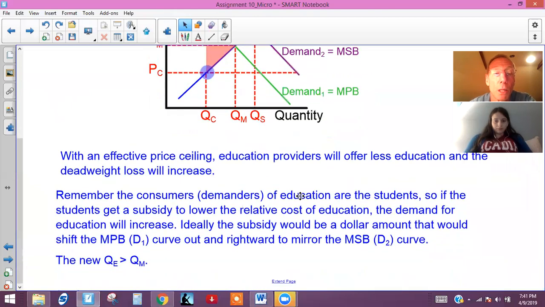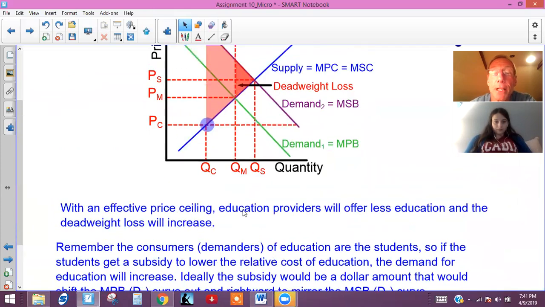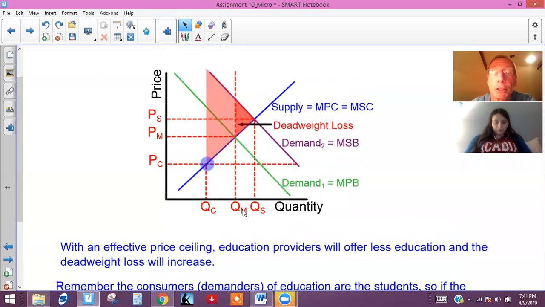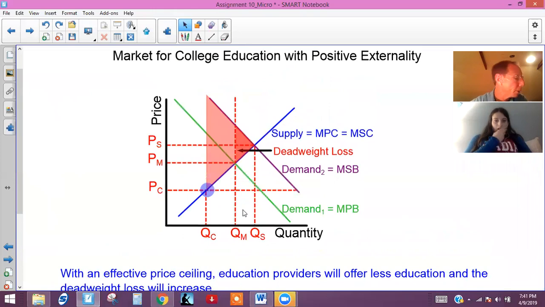Let me see what I wrote here. So what would happen is that if there's a subsidy, this is kind of tricky. Let me read real quick what this could be, because this is going to affect demand and supply.